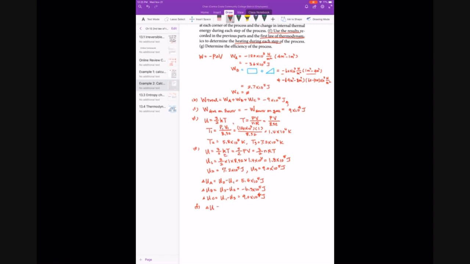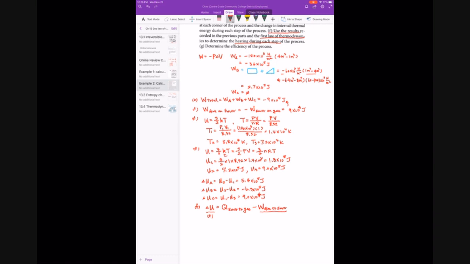Well, the first law of thermodynamics gives us that the change of thermal energy is equal to the heat from the environment to gas, minus the work of gas to the environment. And so what is the change of thermal energy? Well, this is the one that we got from part E.